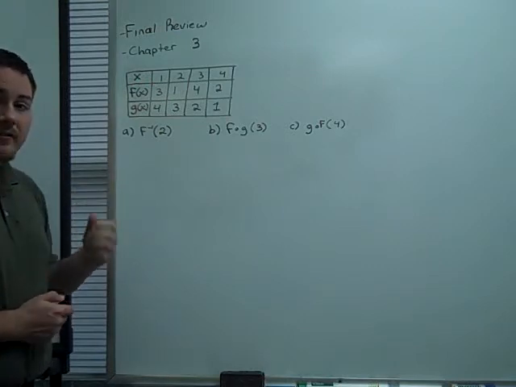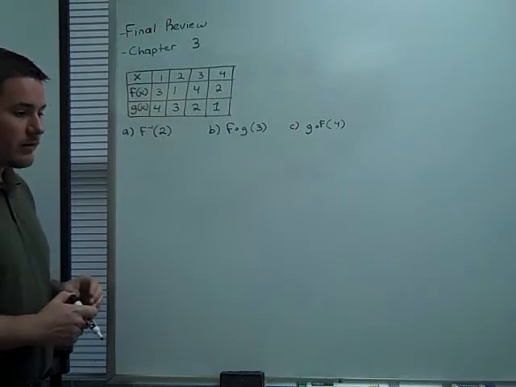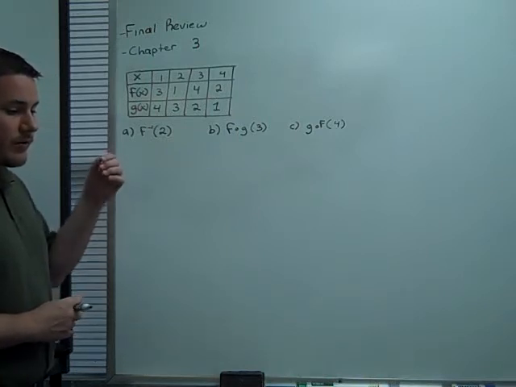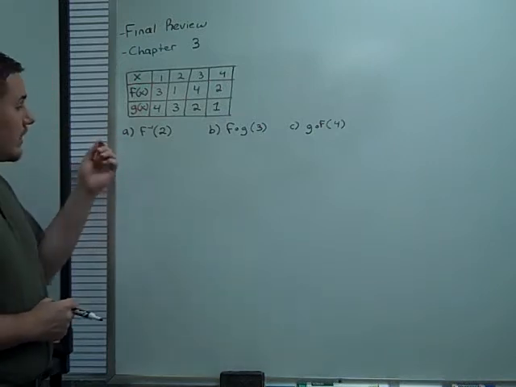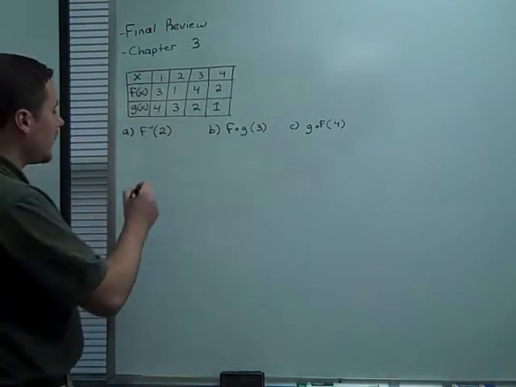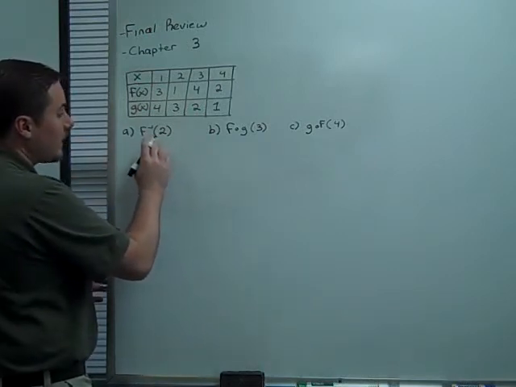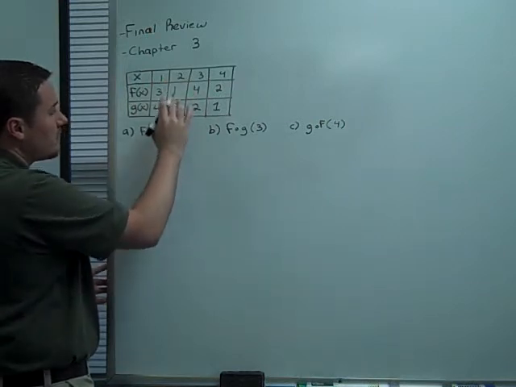So, the first one actually borrows a concept from a later chapter, chapter 5, I believe. It involves an inverse. A function takes an input and returns an output. The inverse asks, given the output, what was the input? So that's asking what input gave us 2.